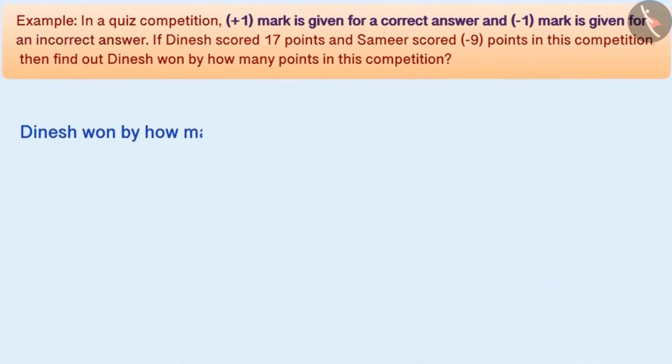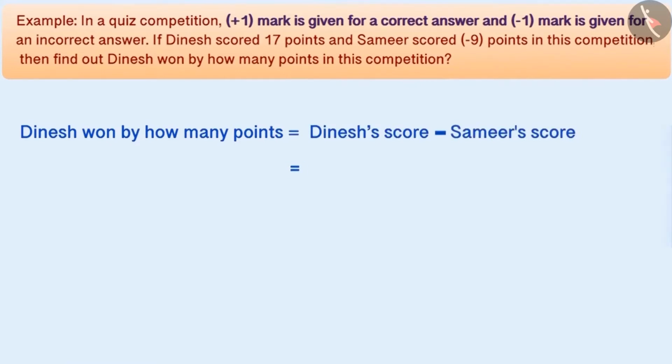To find this, we need to subtract Samir's score from Dinesh's score. This means we find the value of 17 minus -9. Can you tell me how to perform the subtraction of these numbers? Think for a while.